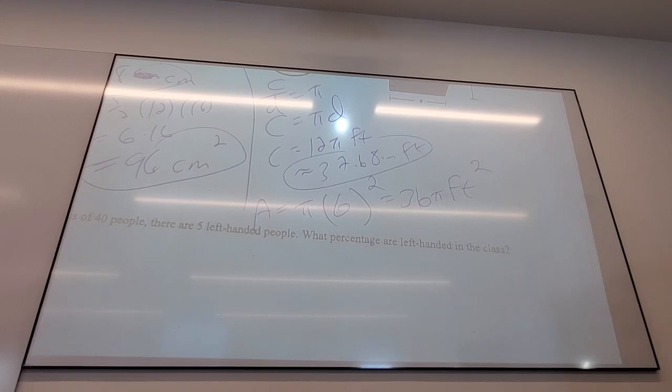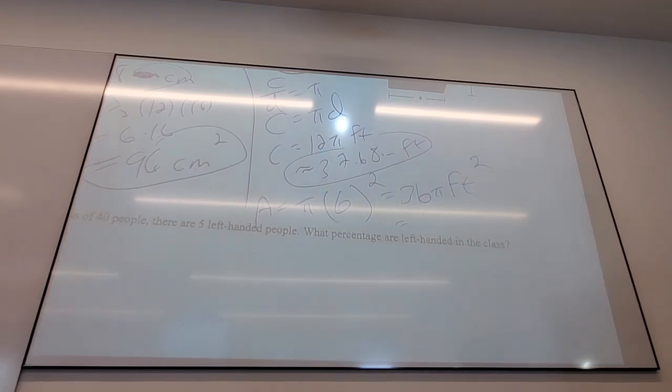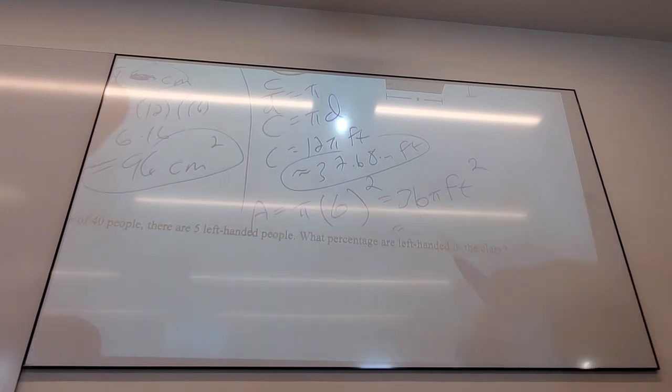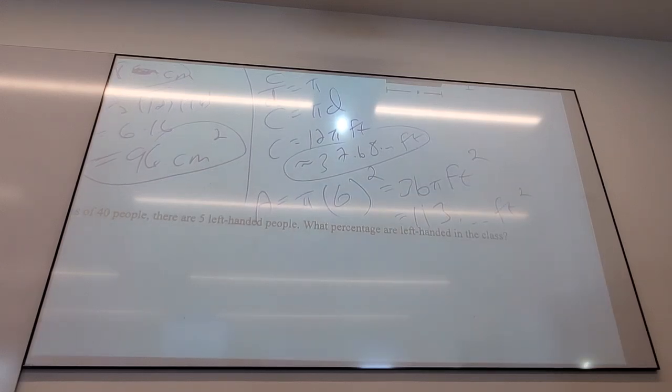I don't know, I'm guessing. Whatever. What's 36 times pi? Okay, I'm learning now. I have to do my 113 point something. 113 point stuff? Yeah. Okay. I like it.